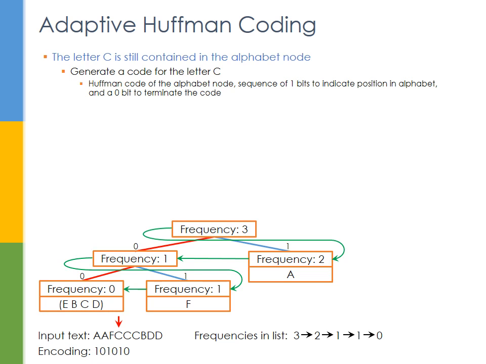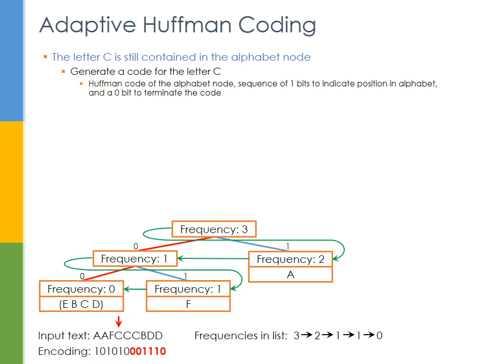Over there you can see the traversal path highlighted in red. We traverse along two left paths, so therefore we have 2 zeros that are included as the first part of our encoding, and this is the Huffman code for our alphabet node.